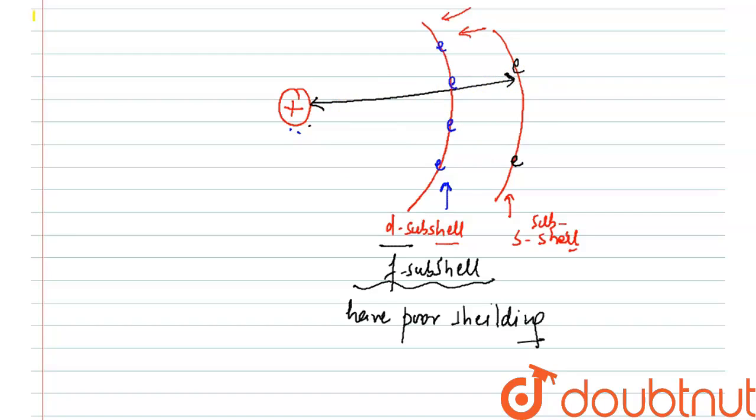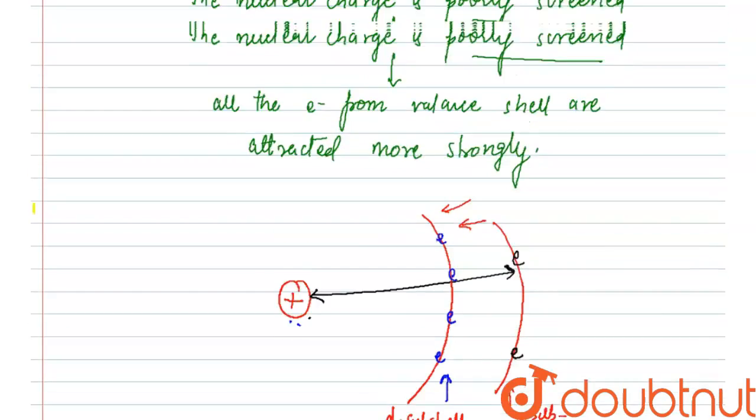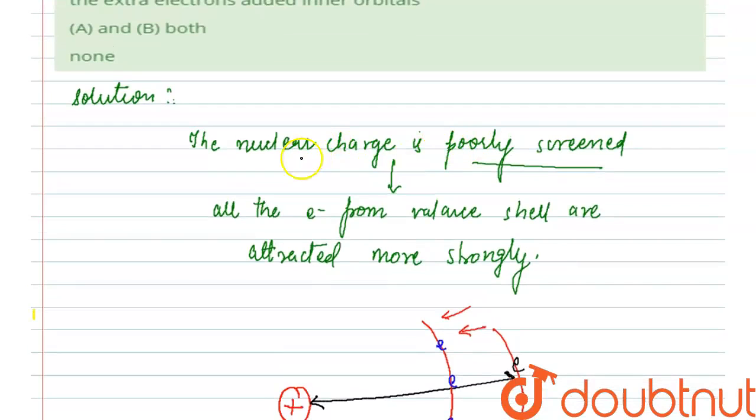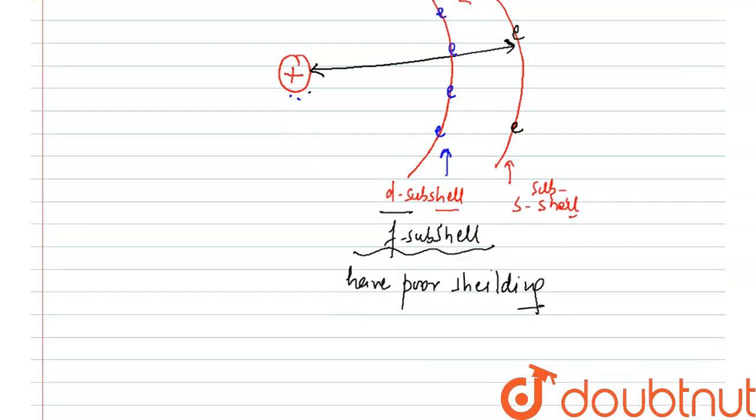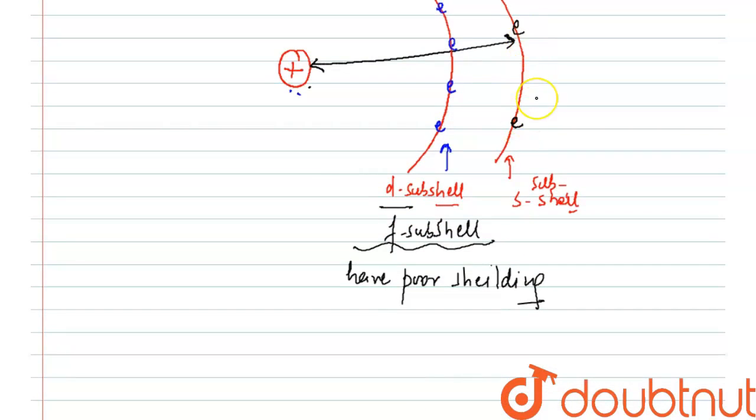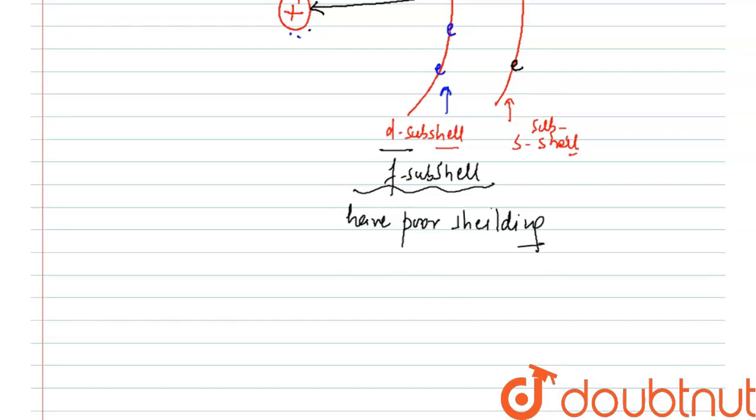If the size is getting smaller, then eventually the volume is getting smaller. This is the entire explanation: the nuclear charge is poorly shielded, so the valence shell electrons are attracted more strongly, and hence the size is smaller compared with group 1 and group 2 elements. So this is the reason.